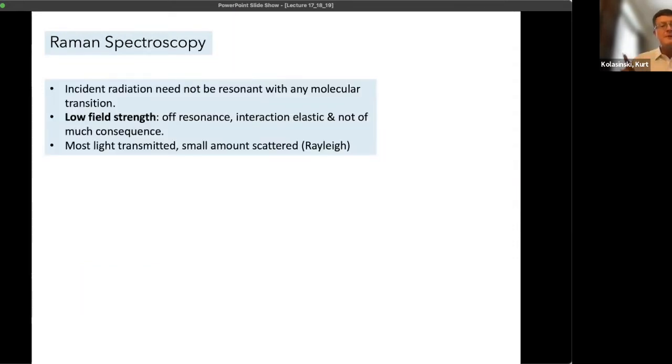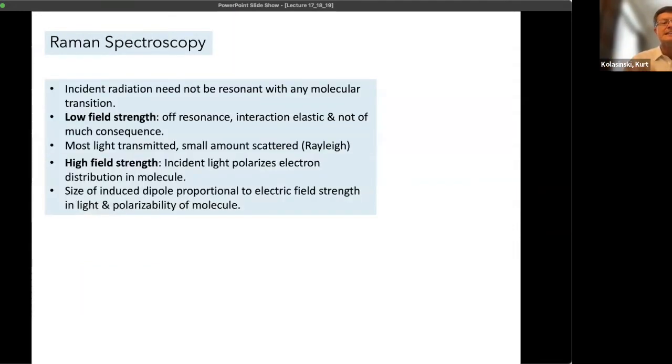Raman spectroscopy is a type of scattering, but it's a type of inelastic scattering. And in particular, what we're looking for is we're going to go to high electric field strengths, high enough that those incident photons can start to leave an impression on the electron distribution of a molecule, and they polarize that electron distribution.